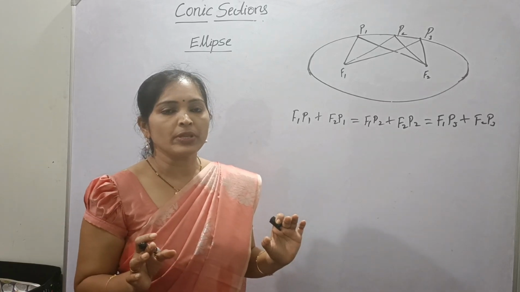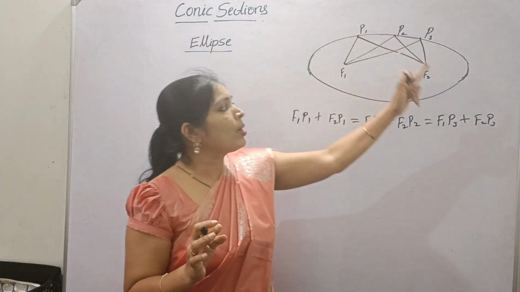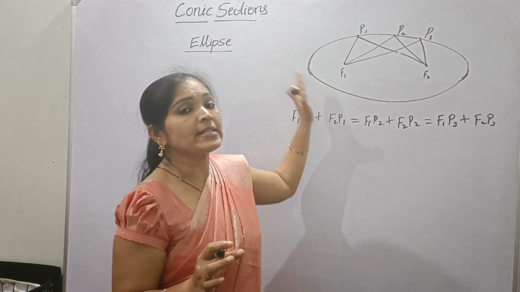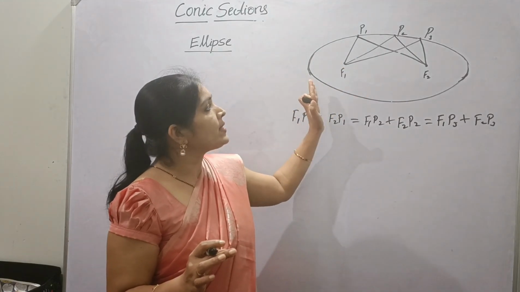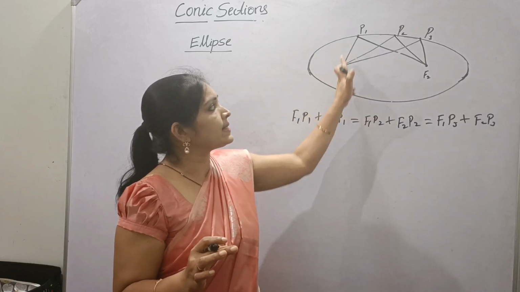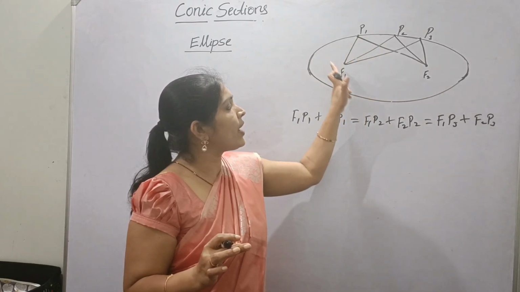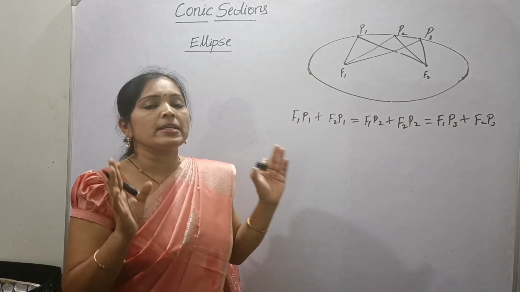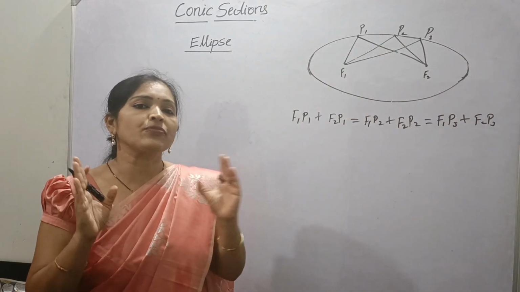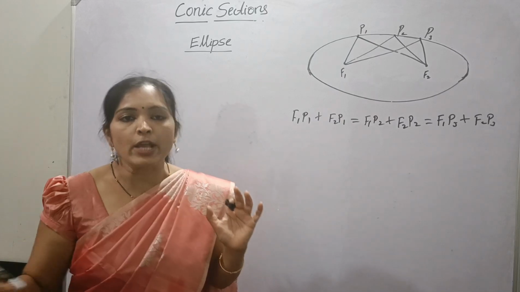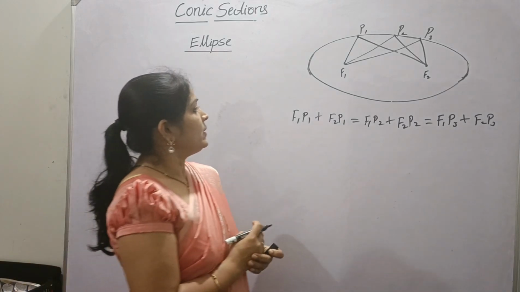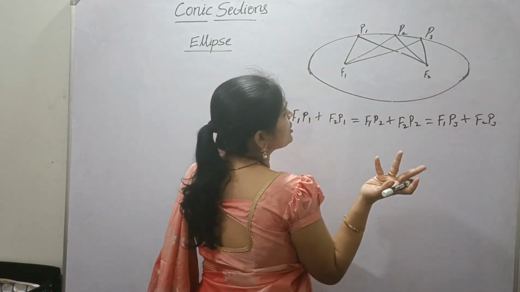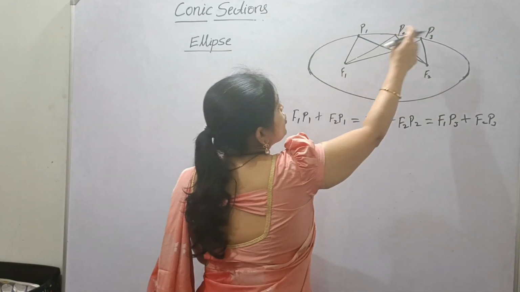That is the definition. The set of all points in the plane, the sum of whose distances from the two fixed points is a constant. That means the sum of distances from the two fixed points is equal. We have taken any 3 points on the ellipse, P1, P2, P3.